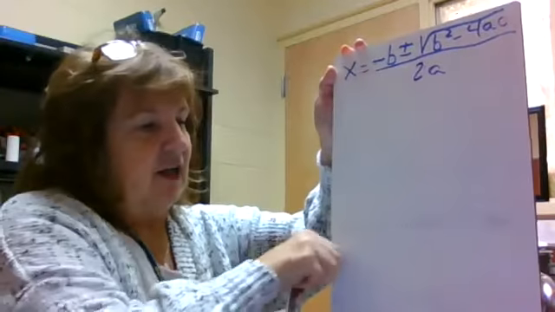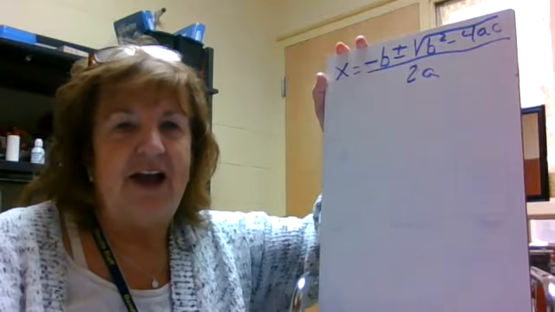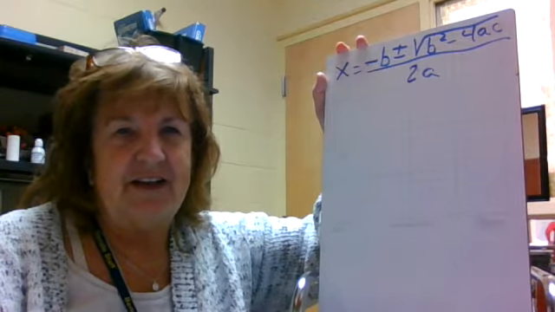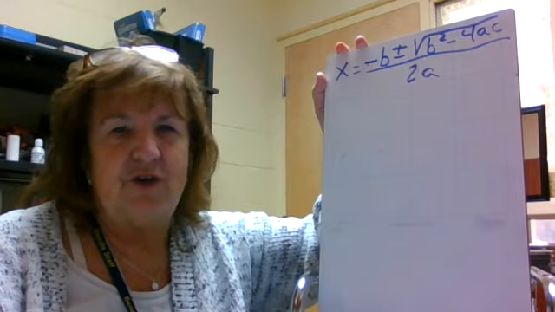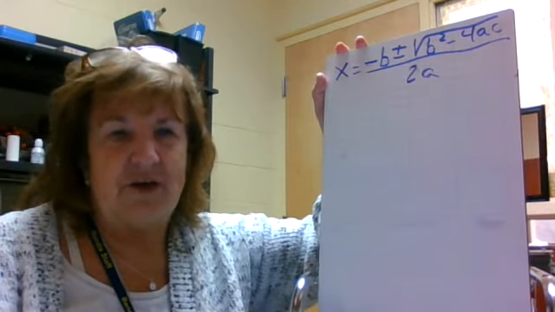Now, actually, what I'm going to do for you, so it'll be easier, and that way you'll have the same information as the kids in class did, is we're going to do a problem that's actually on one of the worksheets that you have to do.